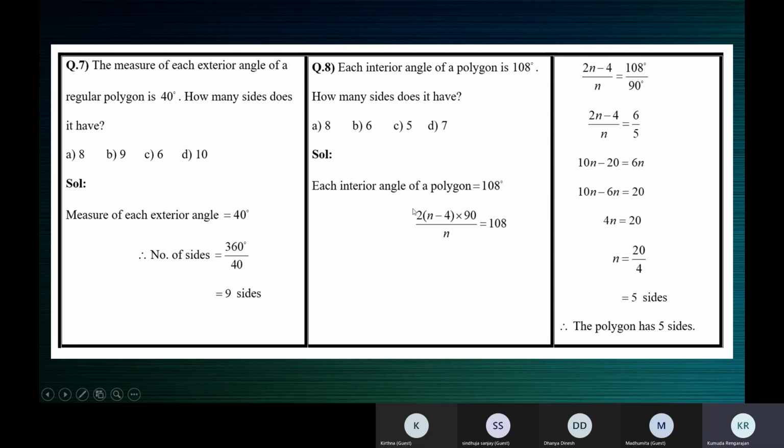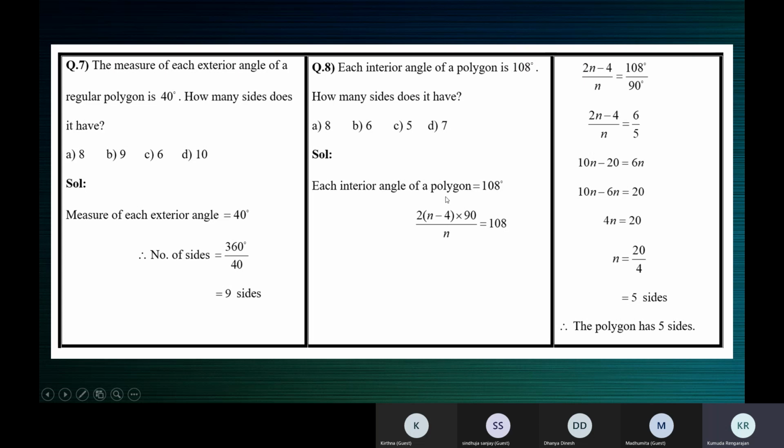Both expressions give us the sum of all the interior angles of any polygon. Divide by n to find each interior angle.